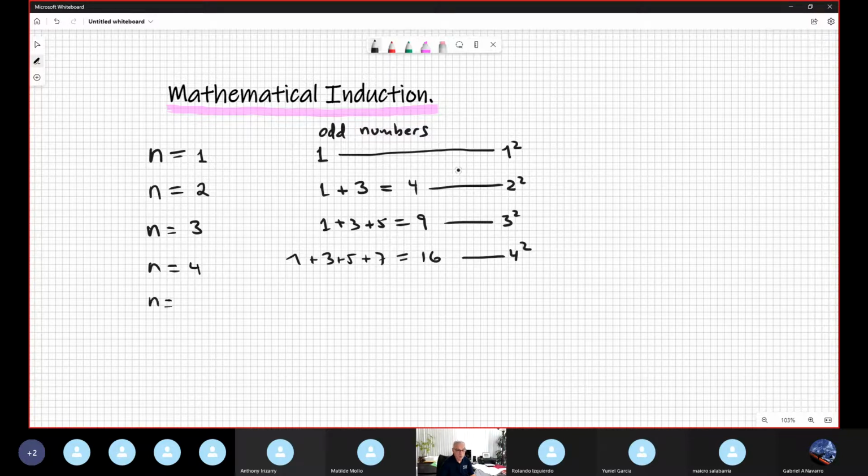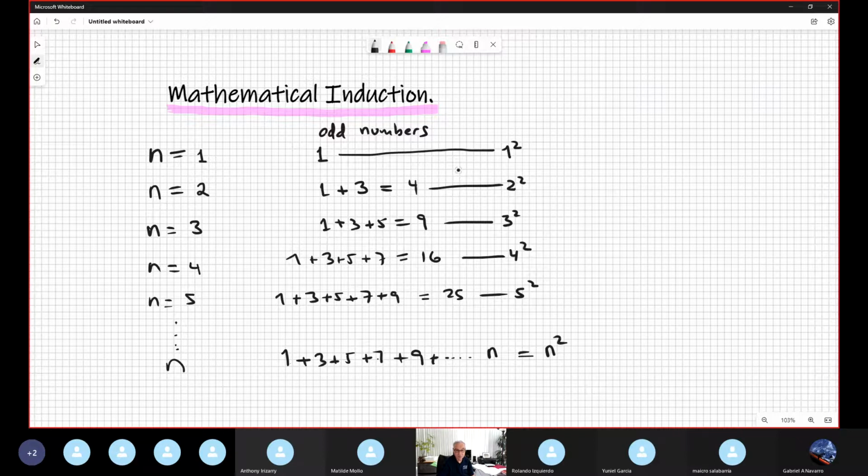One more, because I want to make sure: 1 plus 3 plus 5 plus 7 plus 9 is 16 plus 9, which is 25, and 25 is 5 squared. So I need to prove what I am trying to see: for any n, 1 plus 3 plus 5 plus 7 plus 9 plus up to the nth odd number, the answer is n squared.